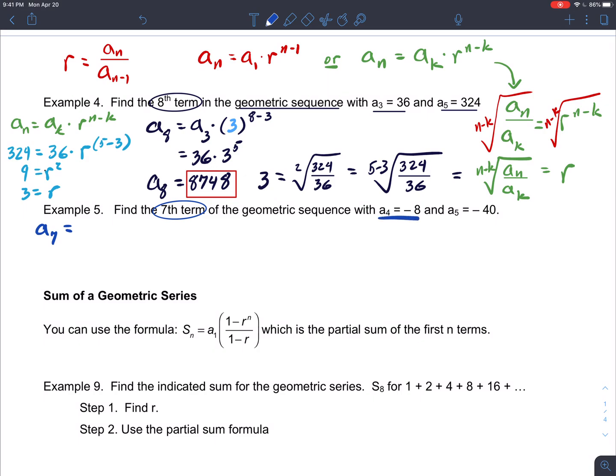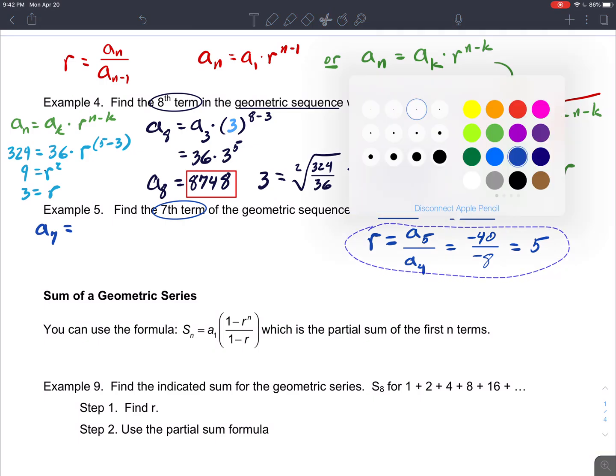We're given the 4th term and the 5th term. Well, that's nice and easy. If we're given the 4th and the 5th term, then all we have to do is divide a sub 5 by a sub 4, since they are right after each other, and that is negative 40 over negative 8. Be careful here: negative 40 divided by negative 8 gives you a positive 5. So my common ratio is 5.